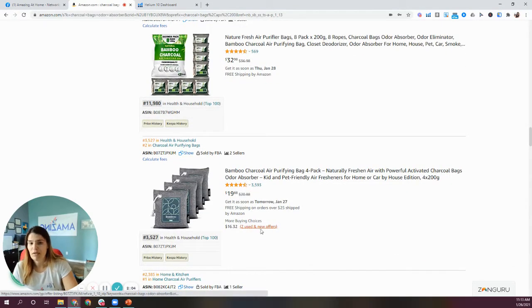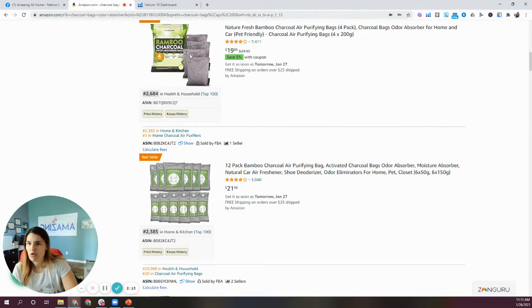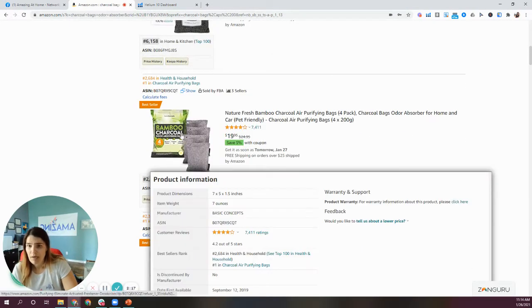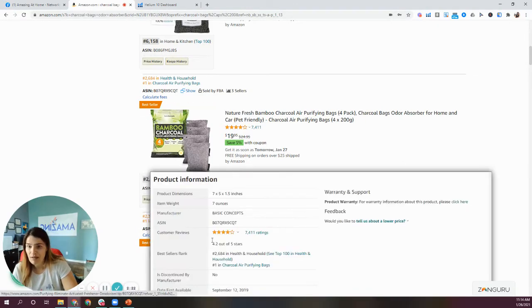Well, first of all, it's good to know what these other competitors are ranking for. So right now we think, okay, charcoal bags, odor absorber. So let's look at this one. I mean, bamboo charcoal. Look at this packaging. It's great. It's a bestseller.